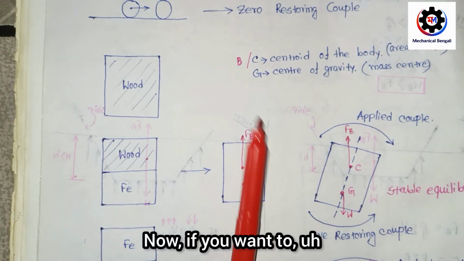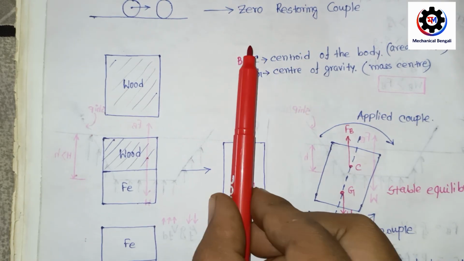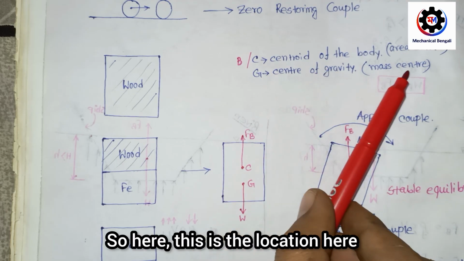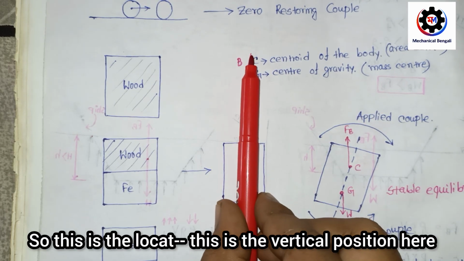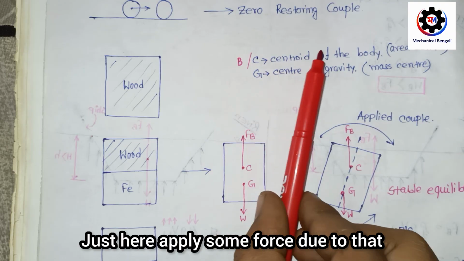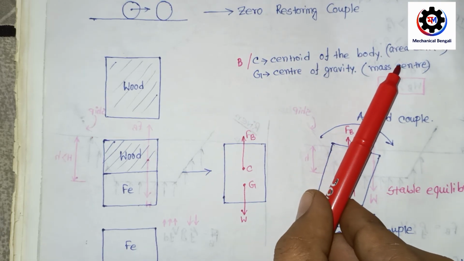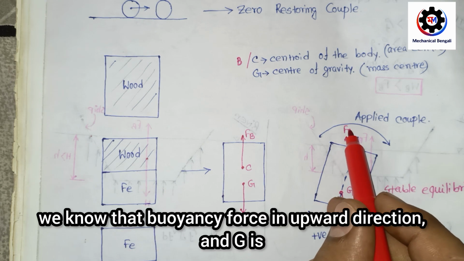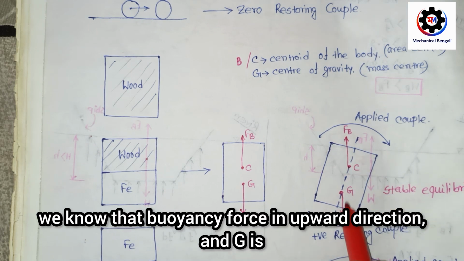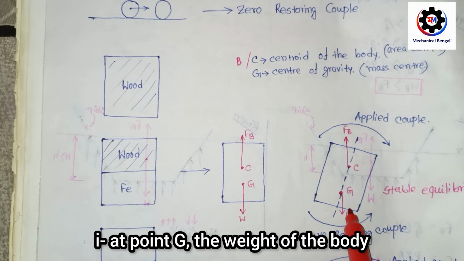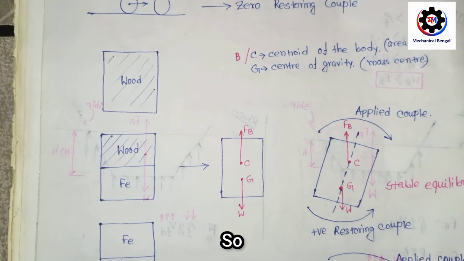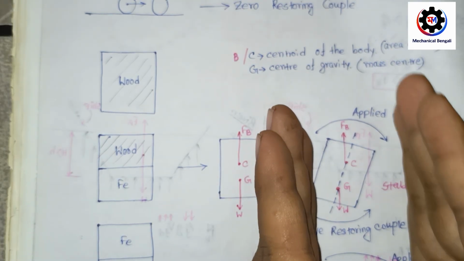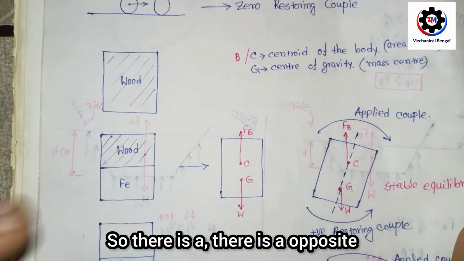Now if you apply some force in that direction, this is the vertical position here. You apply some force, and due to that the position will be this. In that case C is in the upward direction, and we know the buoyancy force acts upward, while at point G the weight of the body acts downward. So a torque is generated in that direction, in the opposite direction.